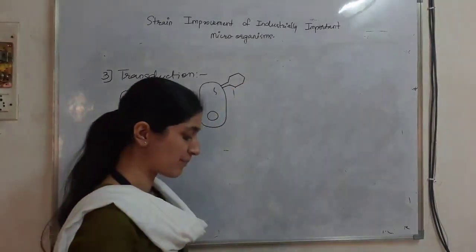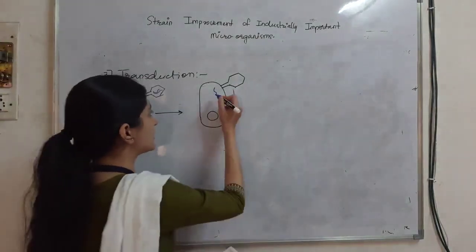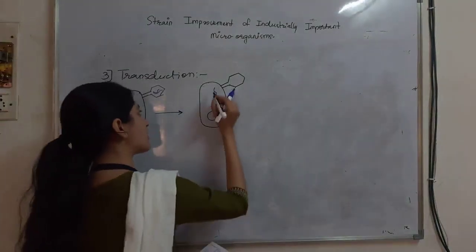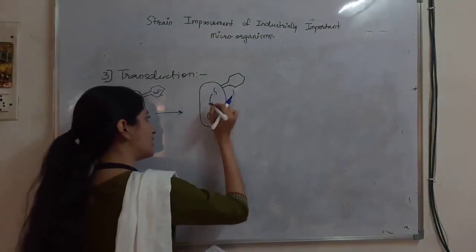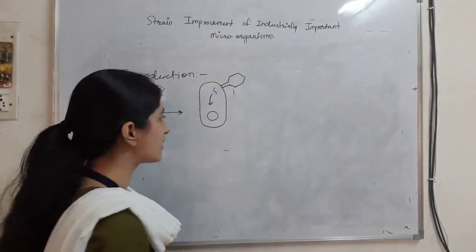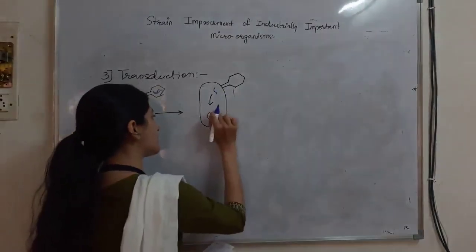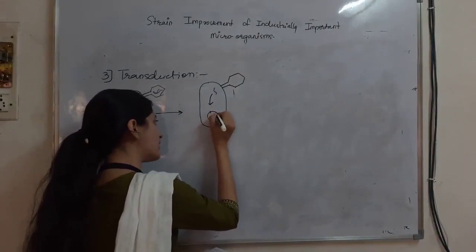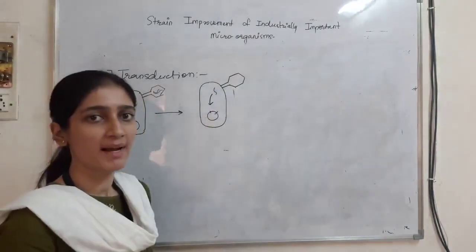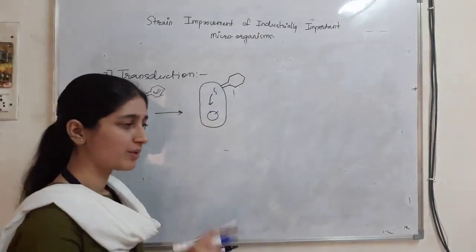Now what happens is this DNA, it introduces or incorporates itself into the bacterial chromosome, and now it replicates.